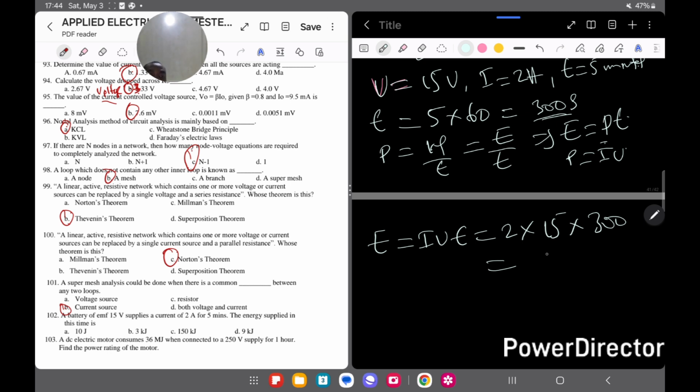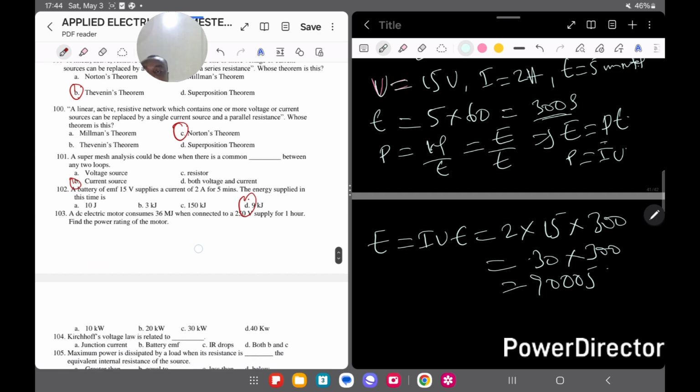We can even get 30, right? 30 times 300, that is going to be 9,000 joules of energy. When you come to the answers, we have A 10 joules, B 3 kilojoules, C 150 kilojoules, and D 9 kilojoules. 9,000 joules is the same as 9 kilojoules. So the answer here is D.